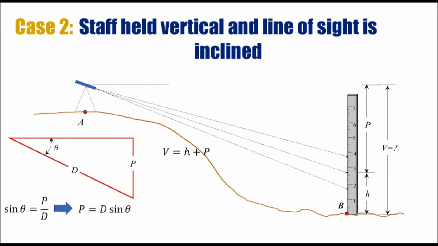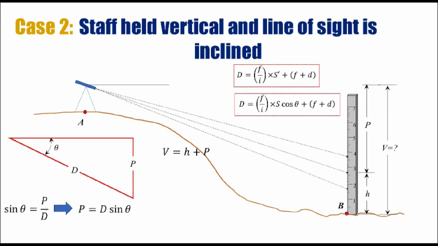Now again recalling the same formula for d, which is equal to f or I s dash plus f plus d, and we know that we have a relationship between s dash and s, which is s dash is equal to s cos theta. So putting that value of s dash, we have the final formula for d as f or I s cos theta plus f plus d.